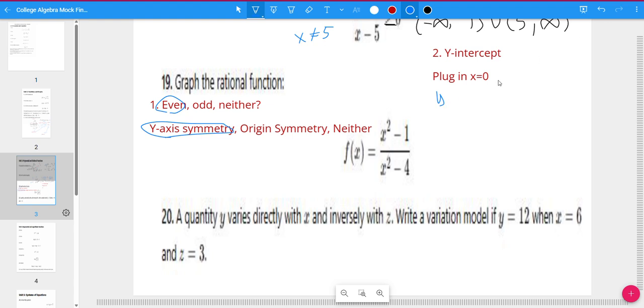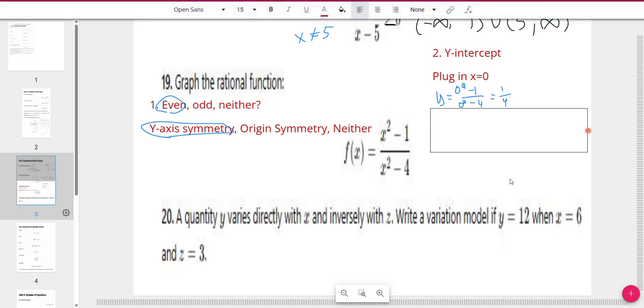So y equals 0 squared minus 1 over 0 squared minus 4, which is just positive 1/4 if I type it in. So I've got a y-intercept at 1/4.